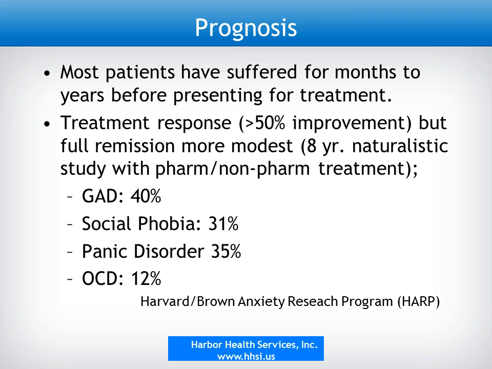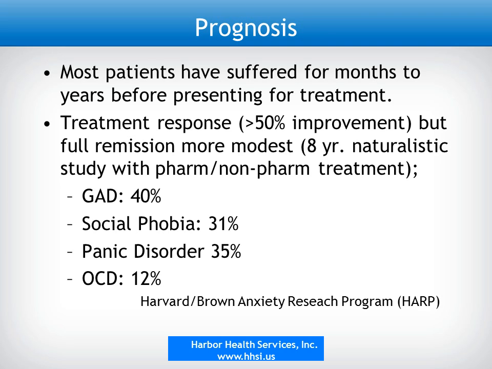In terms of setting realistic treatment goals with your patients, it's important to look at the prognosis. Immediate treatment response noted a 50% improvement, but in terms of full remission, those gains are more modest.